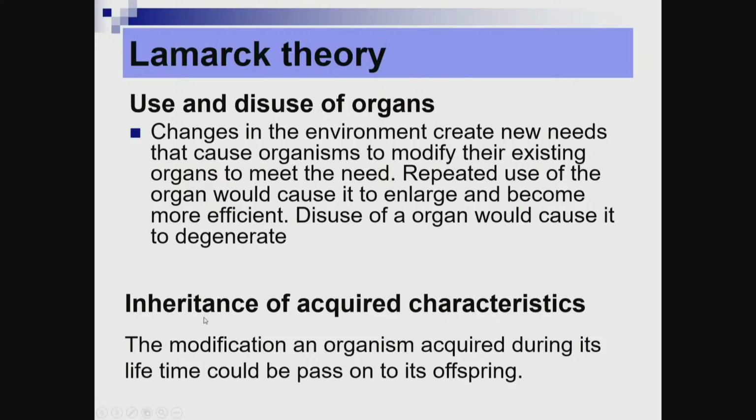And this inheritance of acquired characteristics we can carry over to the next generation, which is totally not true in the case of Lamarck's theory. So the learners must be able to state the two laws and give the explanation of the two laws. Very important in evolution.